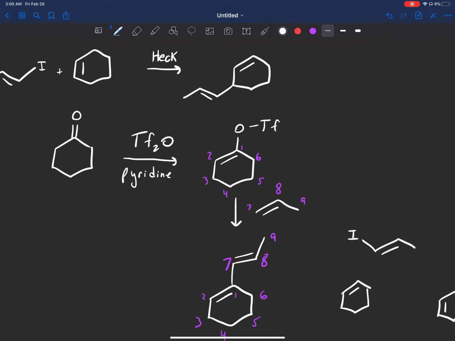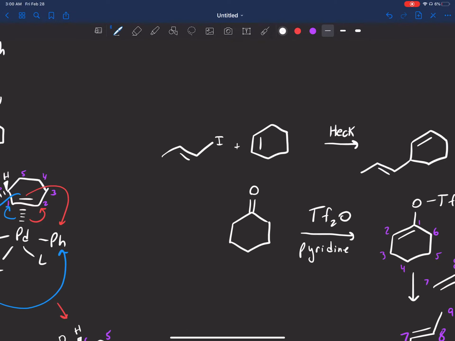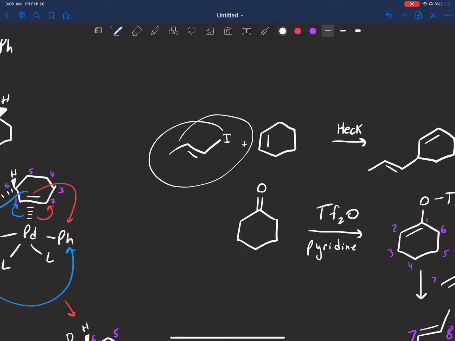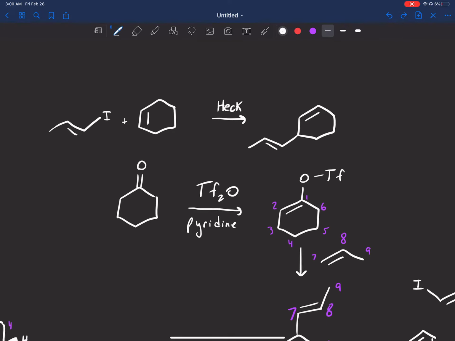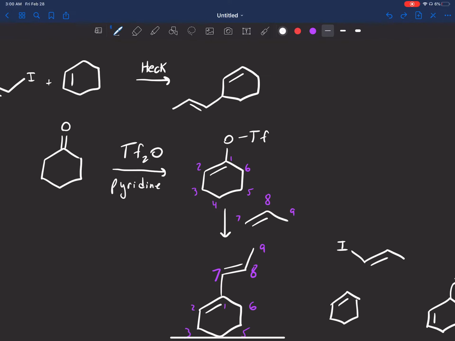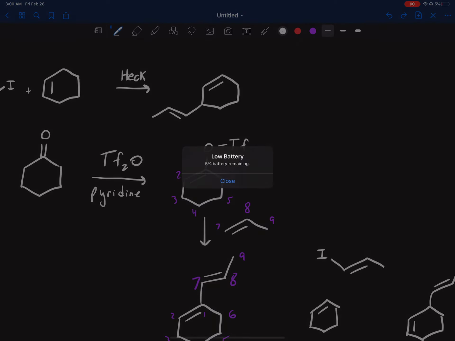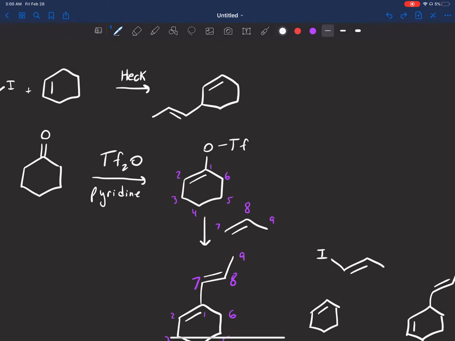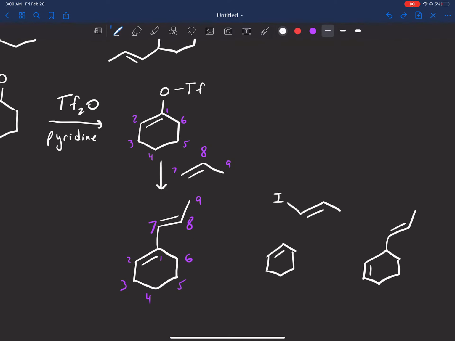So the whole workaround is you don't want to have your leaving group on the other chain. You want to have your leaving group on the ring, and the leaving group has to be triflate. If you can get the triflate, and then you put an alkene, you're going to be able to get your properly substituted Heck product, right? What you originally wanted. And so that's going to be it for the Heck reaction.